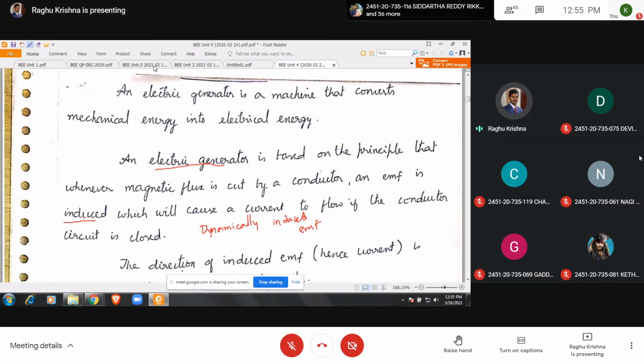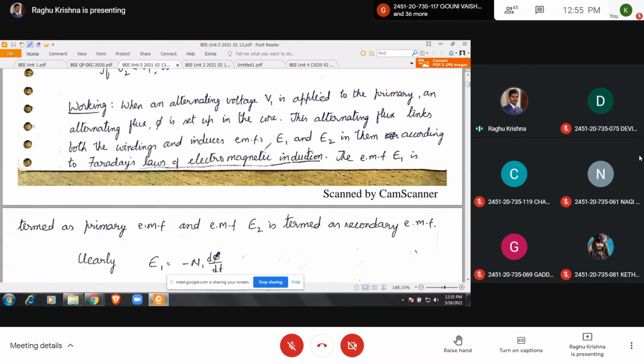Now coming to the transformer. When an alternating flux links with the winding or coil, EMF is induced, and that induced EMF is known as statically induced EMF. In a transformer, when an alternating flux links with the windings, EMF is induced in the windings according to Faraday's laws of electromagnetic induction.